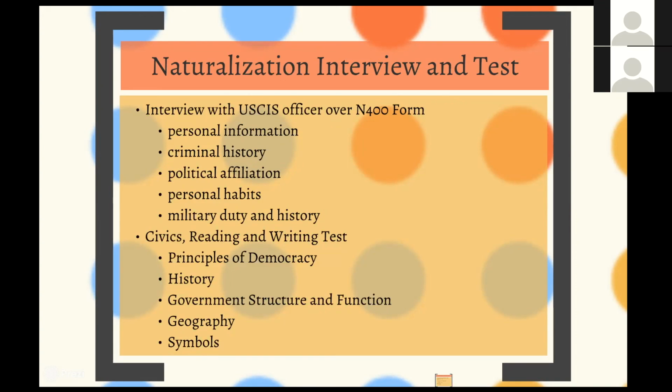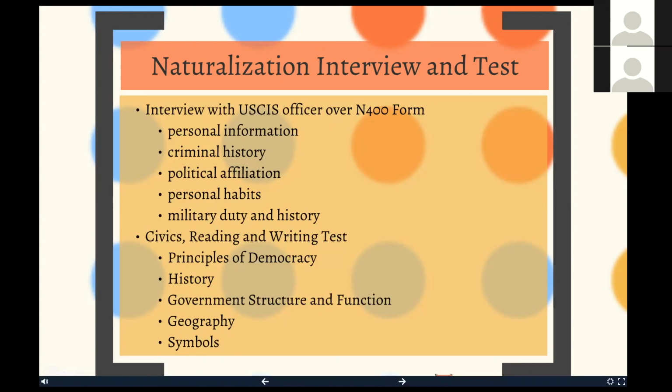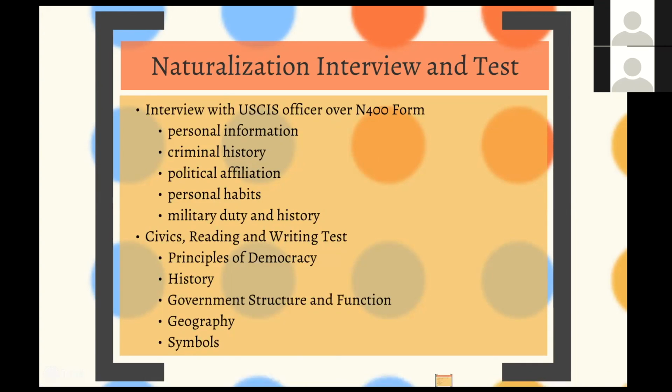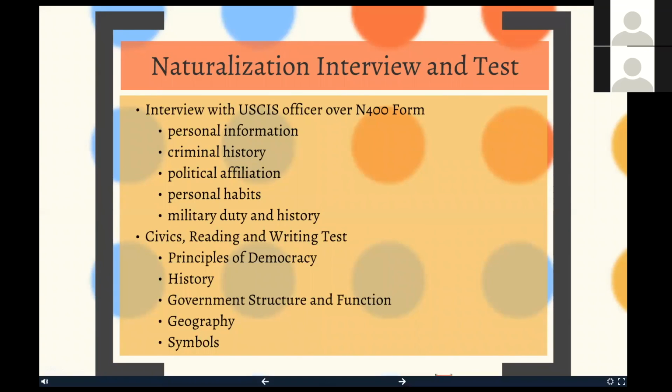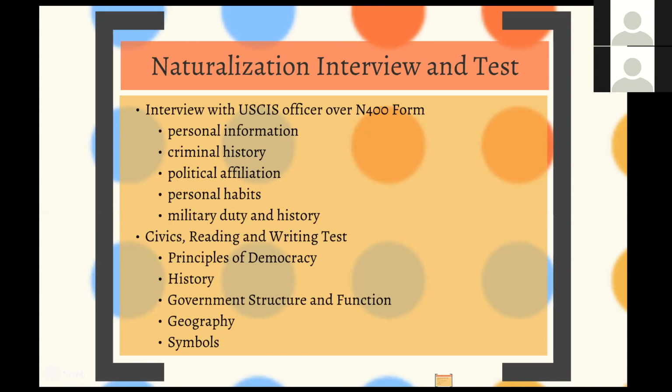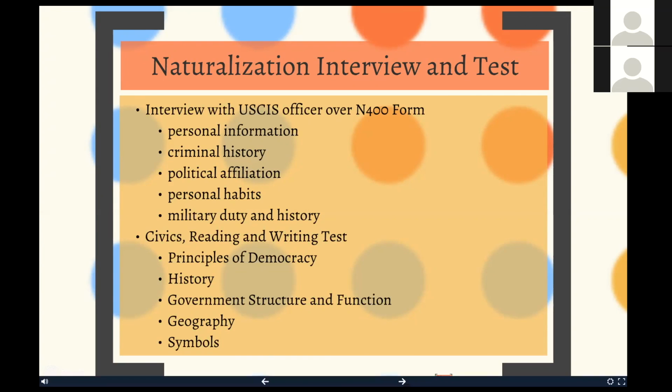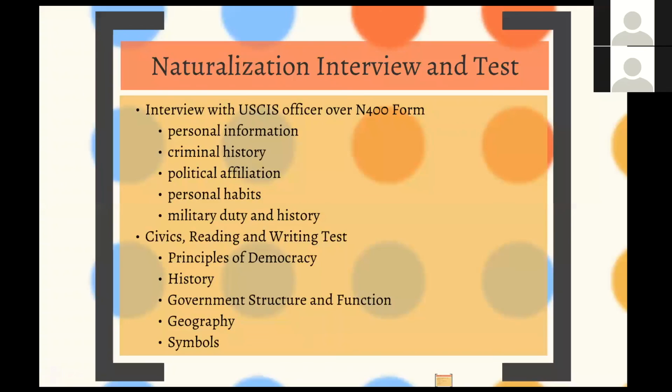And the reading and writing tests are also really over civics information as well. I've been told by students that these two things can happen in either order. They can either have their interview first and then take their tests, or it can be the other way around whenever they go for their interview.